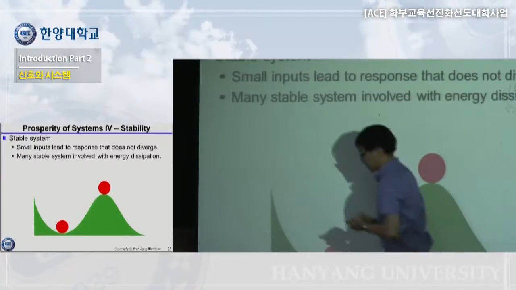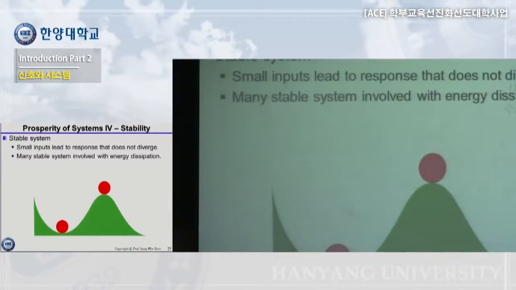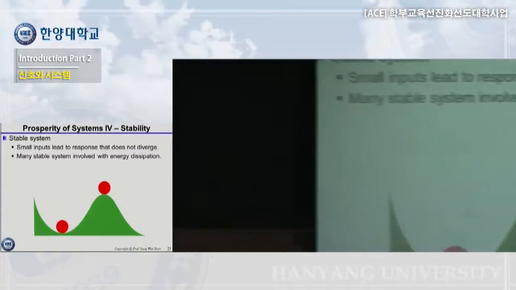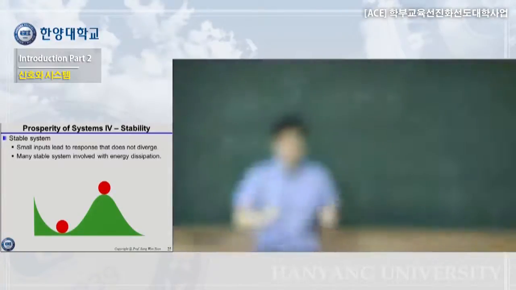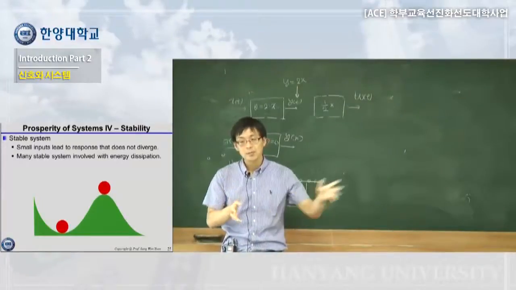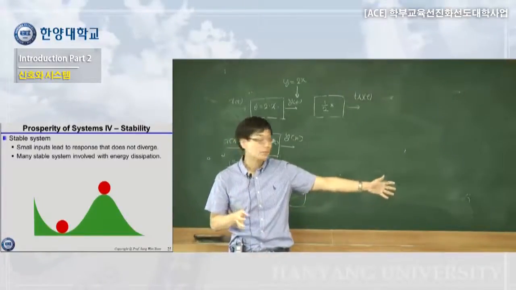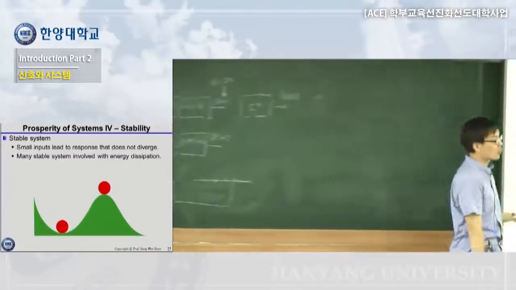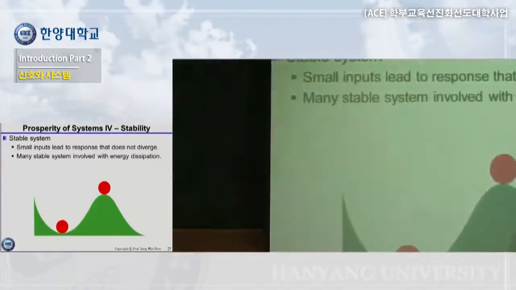What does it mean? That means a system always has input and output. If you apply a small input, typically a force in this mechanical system, a small force to this red ball, then their state changes.